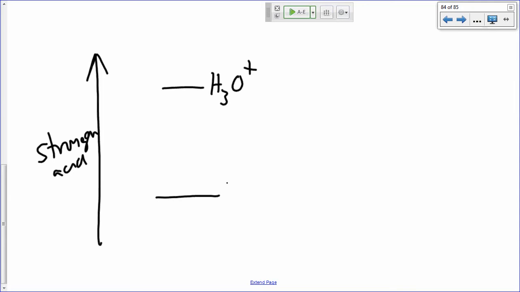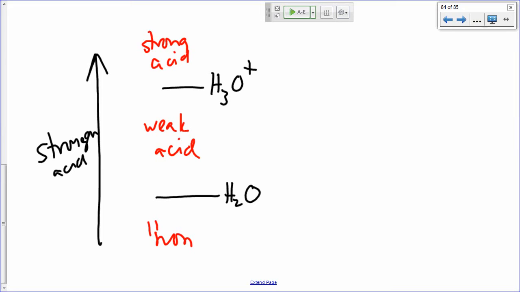Hydronium. Okay. And the weakest acid in water is H2O. Okay. So you have here your strong acid. Here you have your weak acid. Okay. Here you have your non-acid.